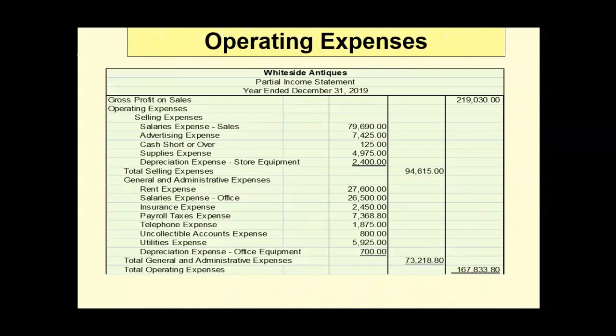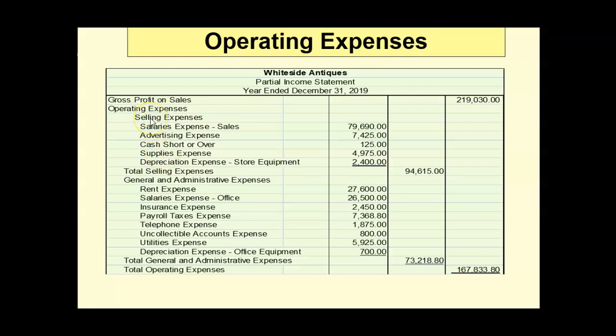When you think about operating expenses, these are what we call the cost of doing business. There are certain expenses that must take place in order to earn revenue for a business organization. For this example, they broke it down between two different categories: selling expenses and what we call general and administrative expenses.